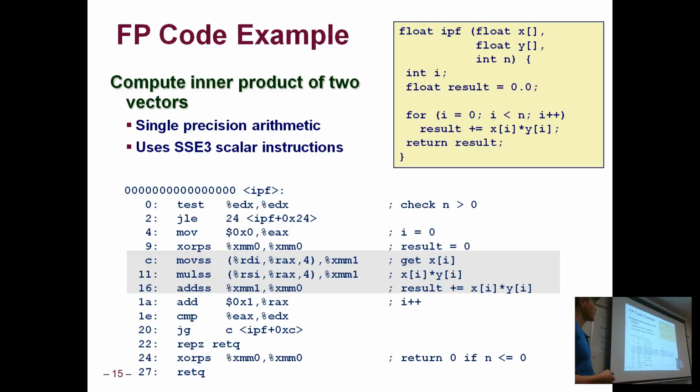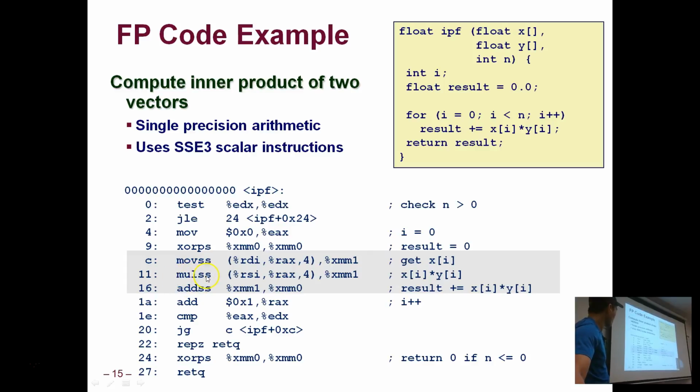Here's an example of an inner loop. It's similar to the combine, where you're taking this float result and accumulating the products of arrays X and Y together and adding it to the result. If you look at this, you're clearing out the register by doing an XOR. You're doing a move scalar single precision, getting the base of X plus 4 times the index, and moving it into XMM1.